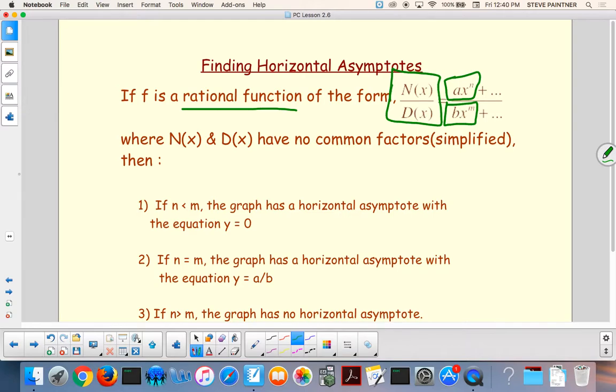The rest of it, whatever follows, you don't care about. It says n of x and d of x have no common factors, so you have to simplify first to get those horizontals. Here it comes. Number 1, if n is less than m, where do you see n? Where do you see m?